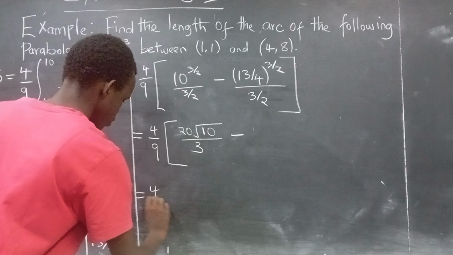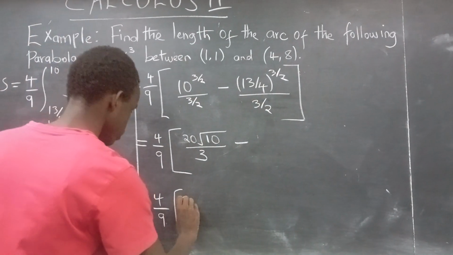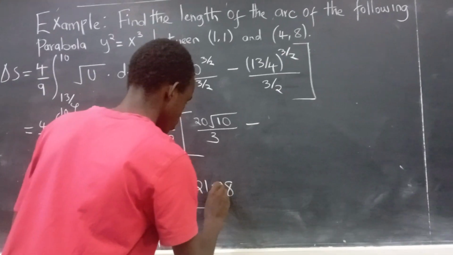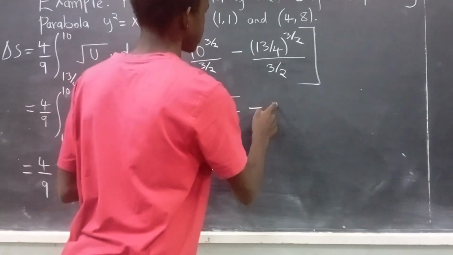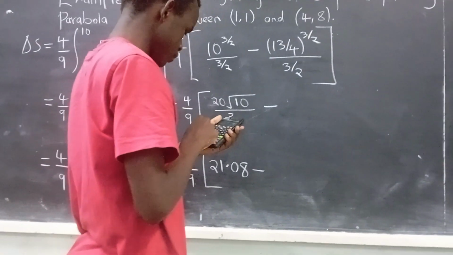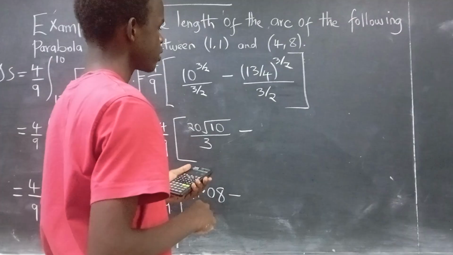But again, I can just write this in terms of decimals, so it will be 4/9 times 21.08, minus, again let me perform this. 13/4 is 3.25.